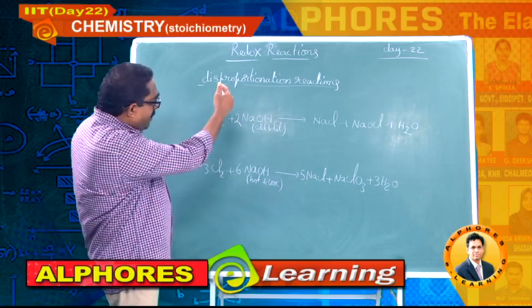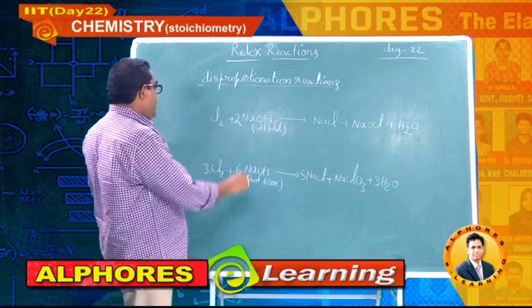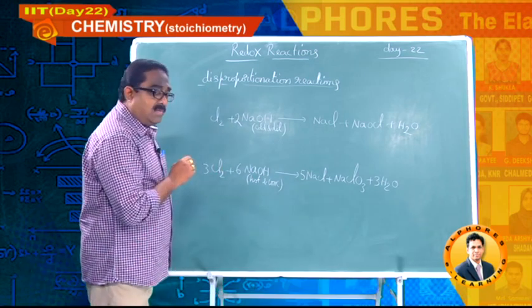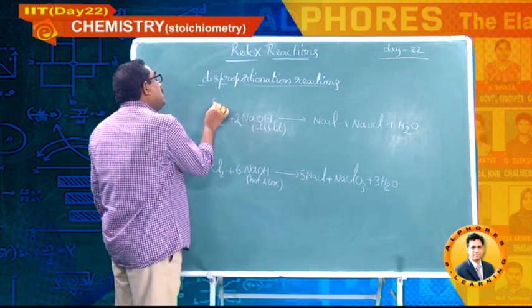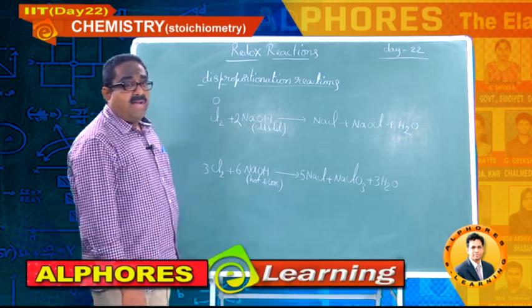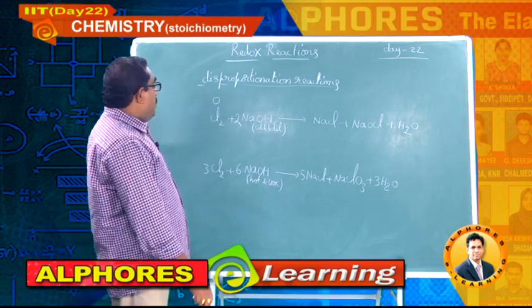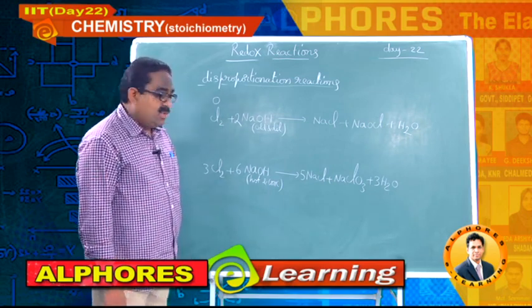Okay, come to our concept, disproportionation reaction. Let me take the first one. For both the chlorines, you can assign the oxidation state as 0 because it is a homodiatomic molecule.